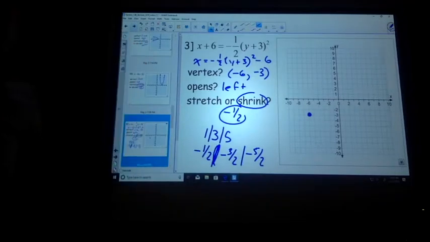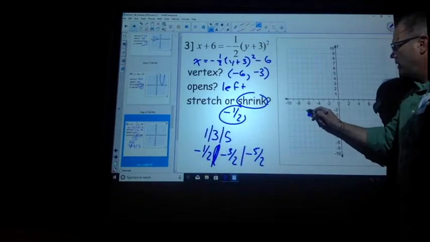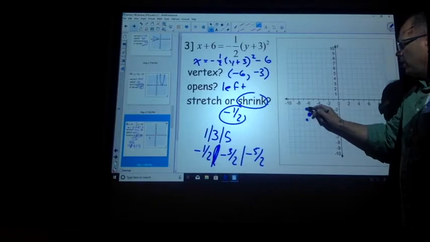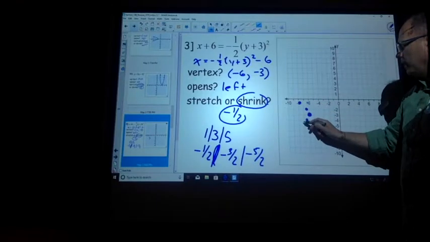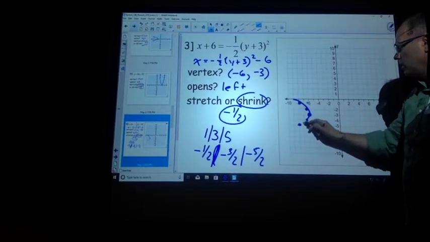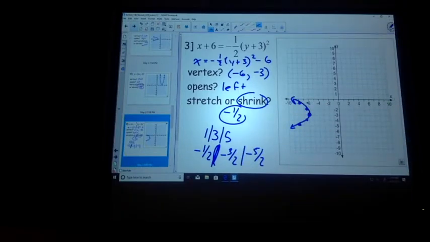So -3/2 is -1.5, -5/2 is -2.5. So from here, I'm going to go up 1, left half, down 1, left half, up 1, right, 1.5, left 1, or down 1. Okay.